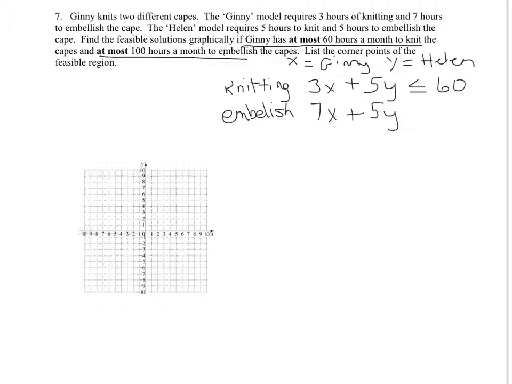So since it's at most, that's a less than or equal to 100. We also know that she can't have negative time or make a negative number of the Jenny or a negative number of the Helen models. So we're ready to see if we can get this on the graph. That, again, tells us we're going to be in the first quadrant.